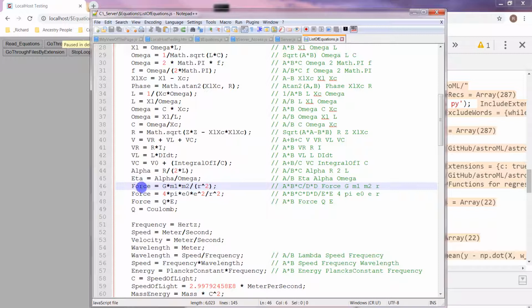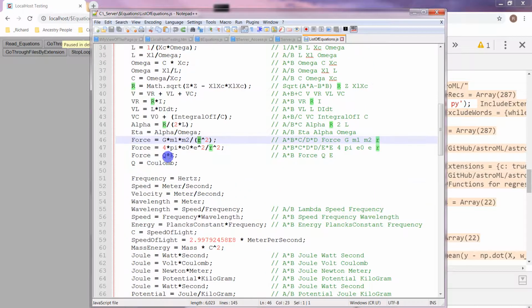What I'll do is I'll say newtons equals gravitational constant times kilogram 1, kilogram 2, or mass 1, mass 2, over meters squared, like that. Okay, it's much easier to take the human sentences of this time and convert them directly into the final thing.